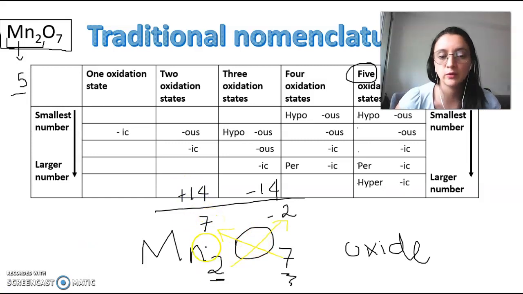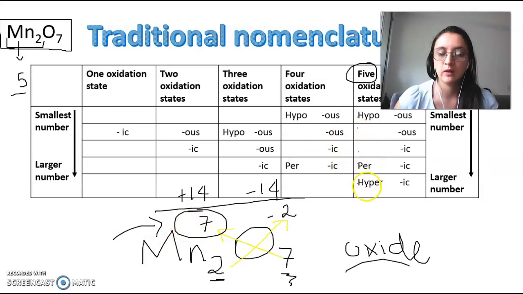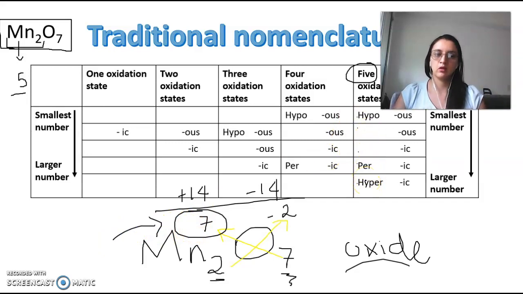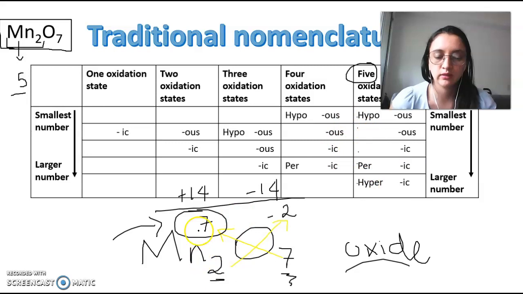Okay, so I will have to do these steps in order to first determine if it's an oxide or a peroxide, and then to determine what is the oxidation state used by the element, because that's going to guide me in choosing the suffixes and prefixes. So I have found that the oxidation state is 7.